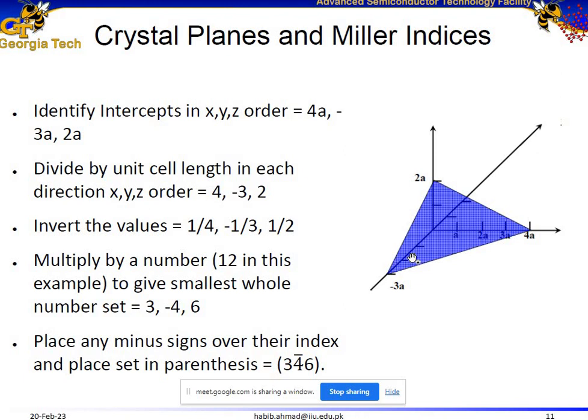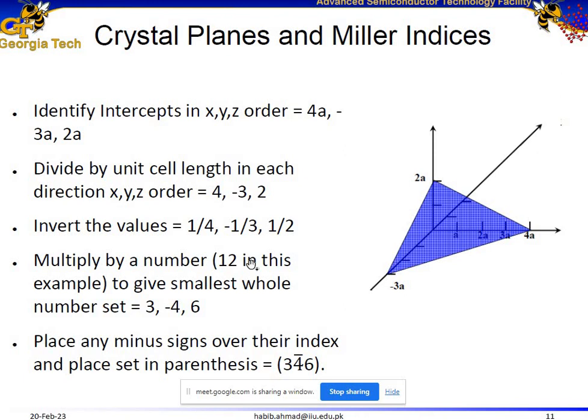And we want to calculate the Miller indices, or we want to represent this in terms of a plane. So invert the values, find out the reciprocals towards calculating the Miller indices. This becomes 1 over 4, comma, minus 1 over 3, comma, 1 over 2. One of the rules of Miller indices is that you should represent Miller indices in whole numbers. You cannot represent them in fractions.